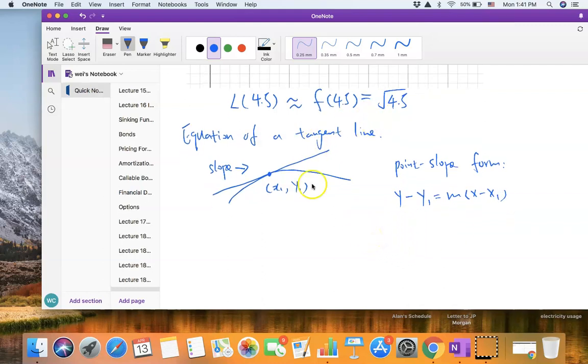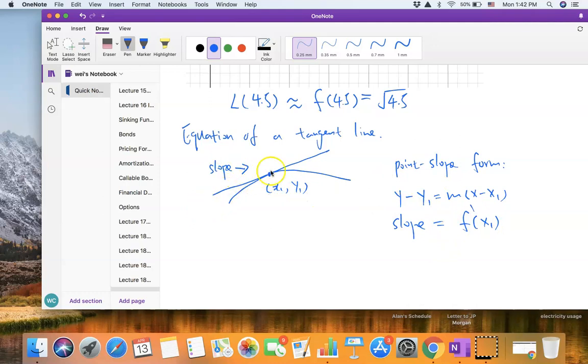Now in calculus, when we study derivatives, we know that the slope of the tangent line at the point (x1, y1) equals the derivative of this function, the derivative of this curve f(x) when x equals x1.